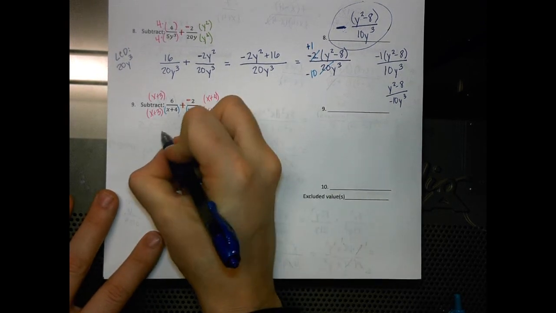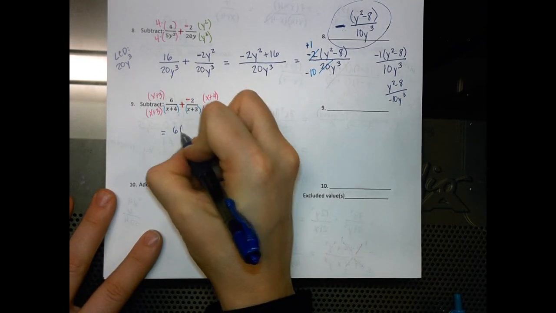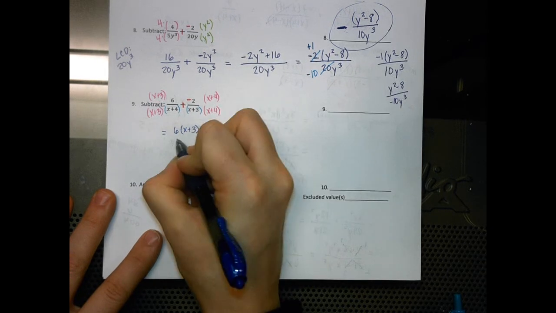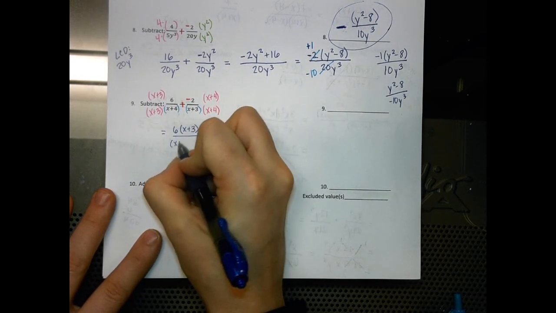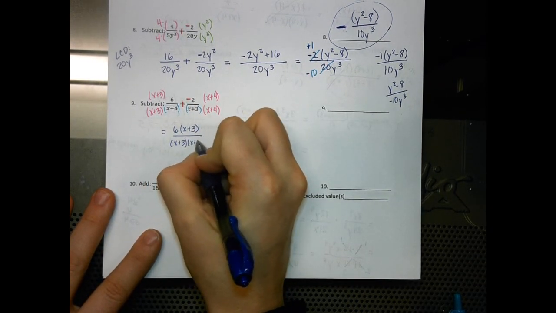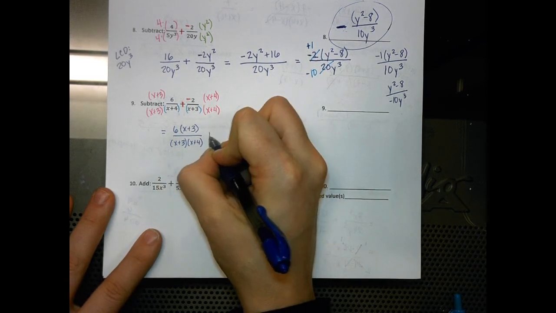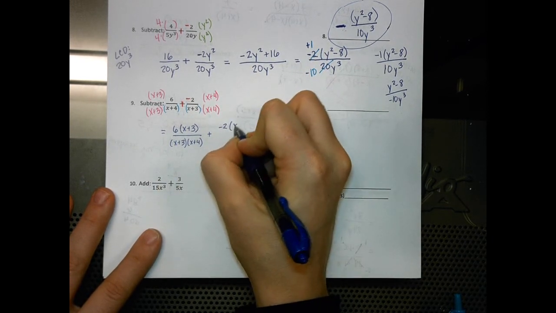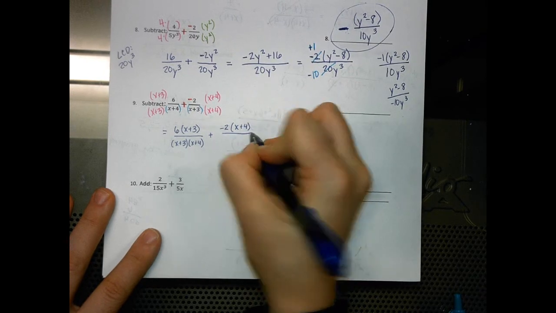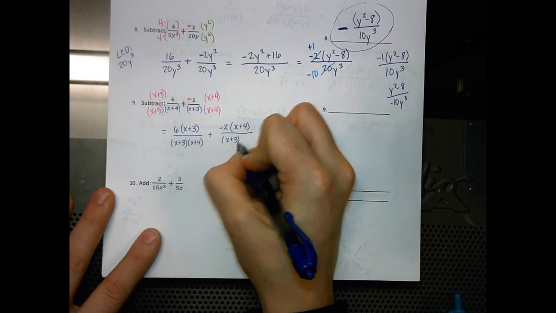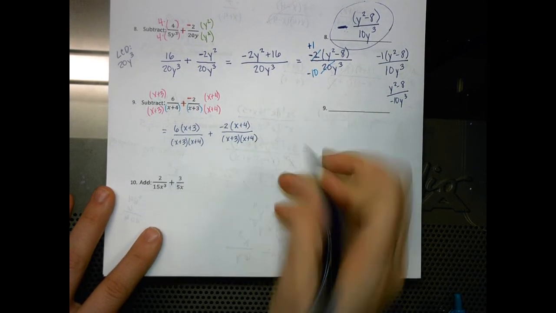Okay, so I have 6 times x plus 3 over x plus 3 times x plus 4 plus negative 2 times x plus 4 over x plus 3 times x plus 4. Are your denominators the same? Yes.